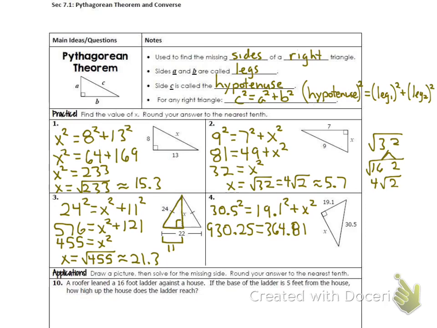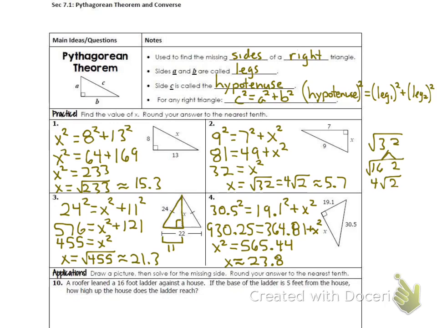We're then going to subtract 364 from 930. We get that x squared is 565.44, and then you take the square root of that, and it is approximately 23.8.